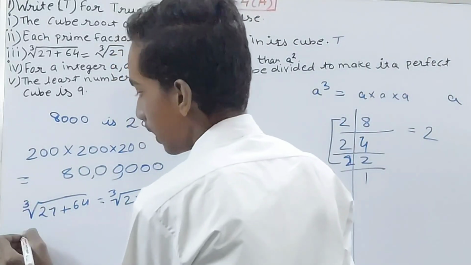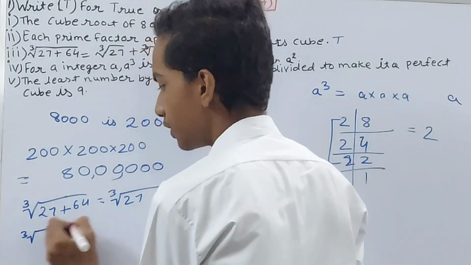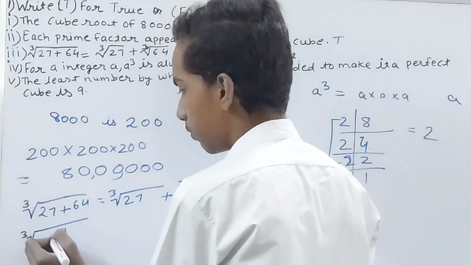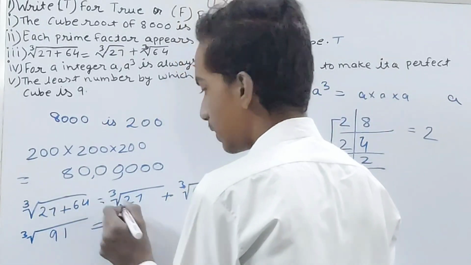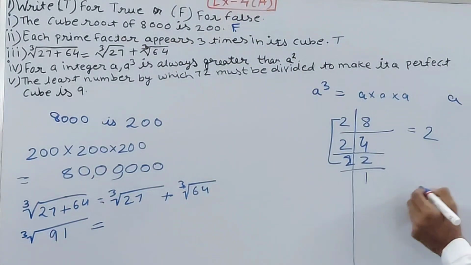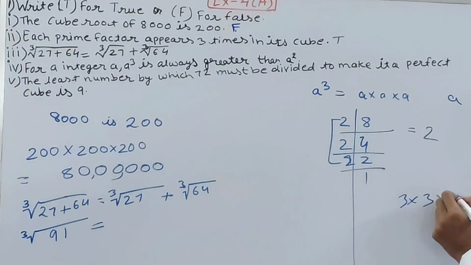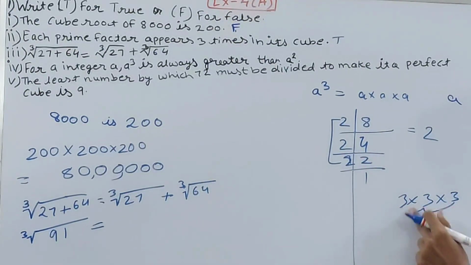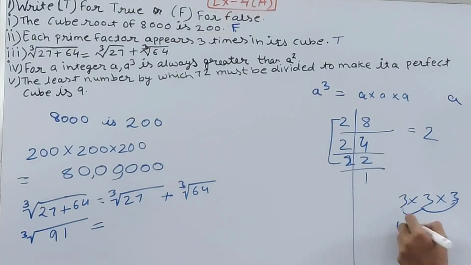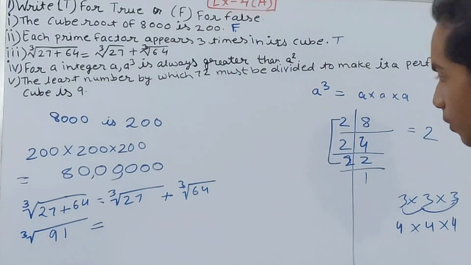The cube root of 27 plus 64, 7 4 11 and 1 91, is equal to: the cube root of 27 is 3, 3 into 3 into 3. Sorry, 3 into 3 is 9, and 9 into 3 is 27. For 64 this is 4: 4 into 4 is 16, and 16 into 4 is 64.